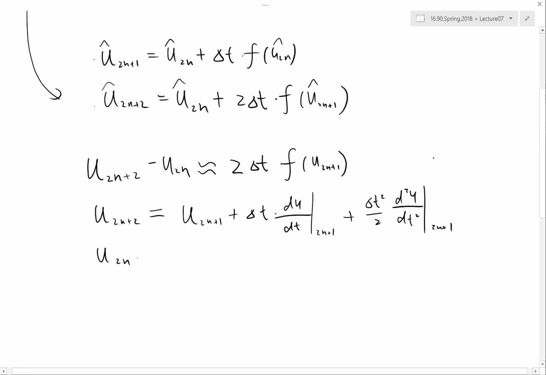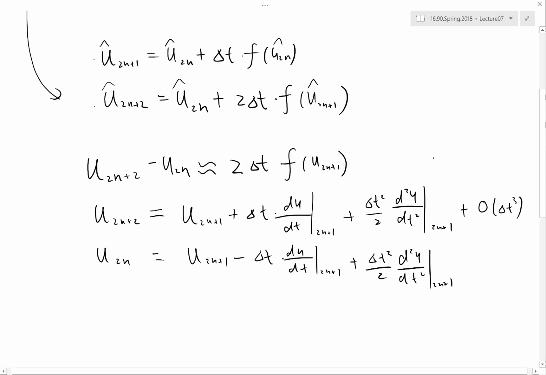And my u of 2n is equal to u of 2n plus 1 minus delta t times the same thing. And all of these are added with a third order term. Okay.